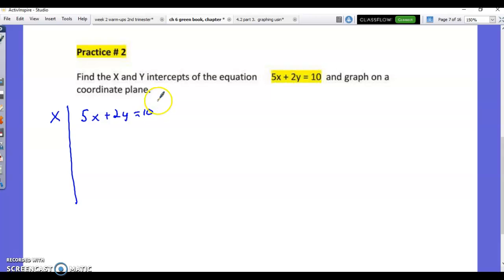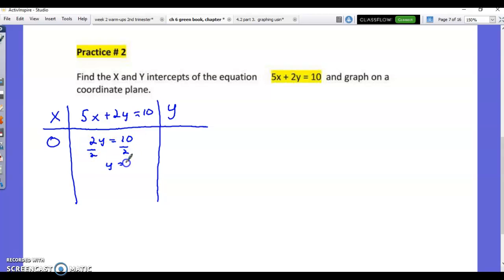And then we have our output, which is y. So remember, the y-intercept is when x equals 0. So when I put a 0 in for x, this is going to go away. So I'm essentially just going to have 2y equals 10, divide by 2, y equals 5. So 5 is my output.